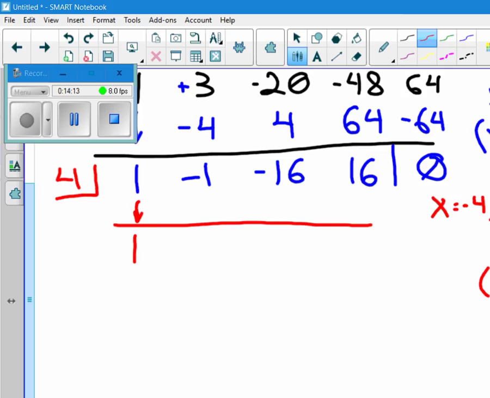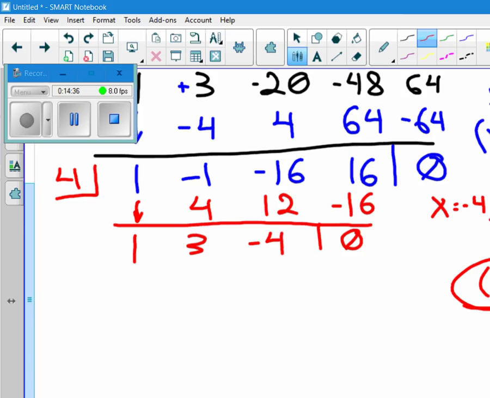So drop the 1, start your multiplication. 1 times 4 is 4, minus 1 is 3. 3 times 4 is 12, minus 16 is -4. And -4 times 4 is -16. And I have that remainder 0. So x minus 4 is a factor. +4 is the root.